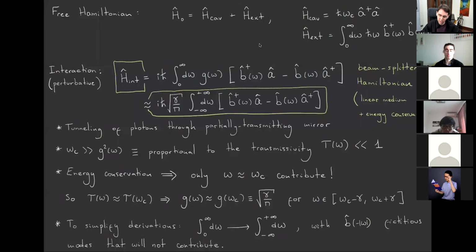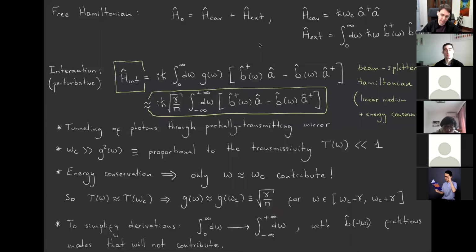Of course, the negative modes will not contribute because, as I have said and we will prove today, only modes around the cavity frequency contribute to the dynamics and to exchanging energy with the cavity mode. Even if it's a bit weird, these negative modes will just not contribute. So everything is just to simplify the math.